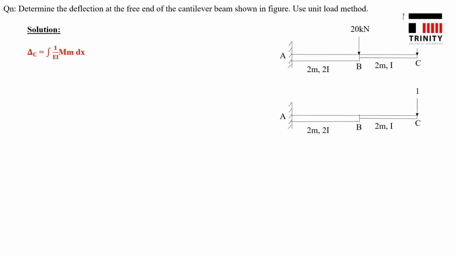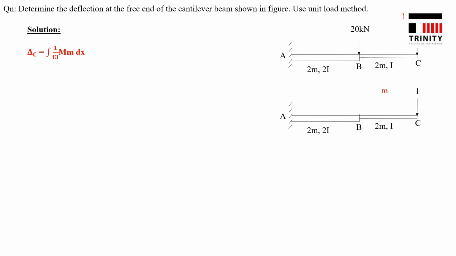As shown in the second figure, here we are removing all the external loads and applying a unit load at the free end C. So from this figure, we will calculate small m.